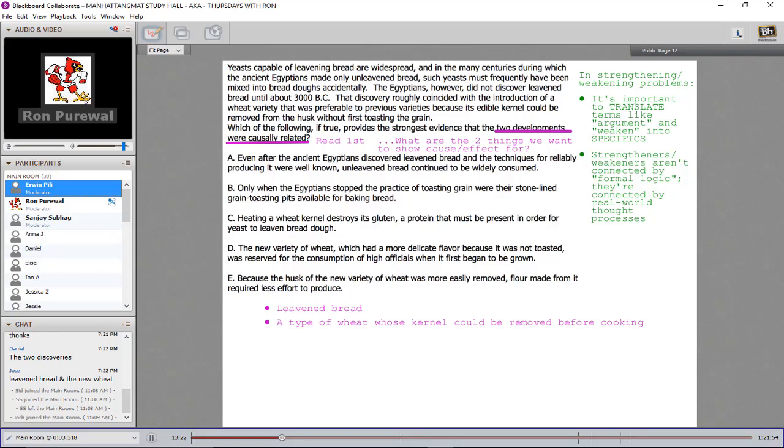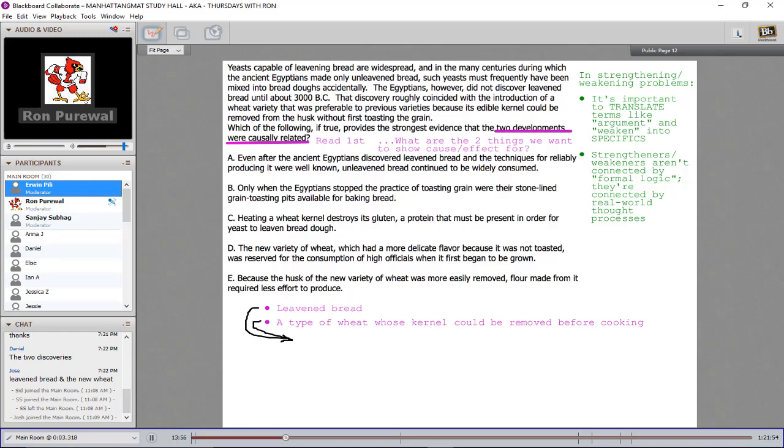So now what you should try to do with these things. We want more evidence that these are related by cause and effect.